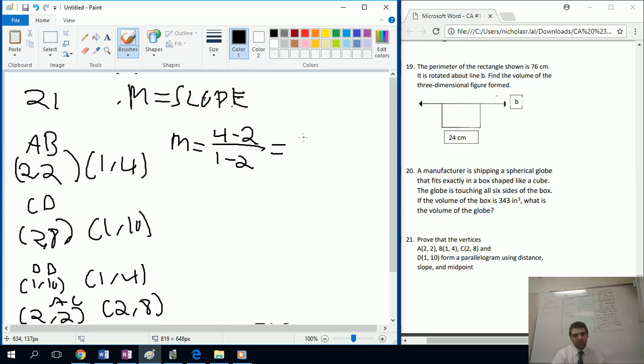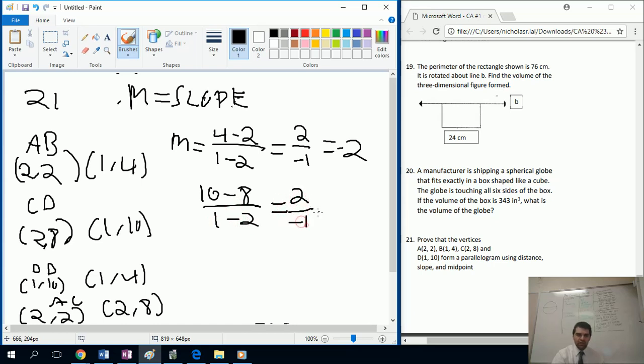So 4 minus 2 over 1 minus 2 is 2 over negative 1, which is equal to negative 2. Then here you're going to have 10 minus 8 over 1 minus 2, which is 2 over negative 1, equal to negative 2. So AB and CD have the same slope, so opposite sides are parallel, so this is looking good.